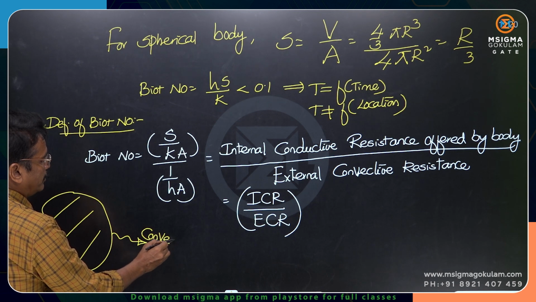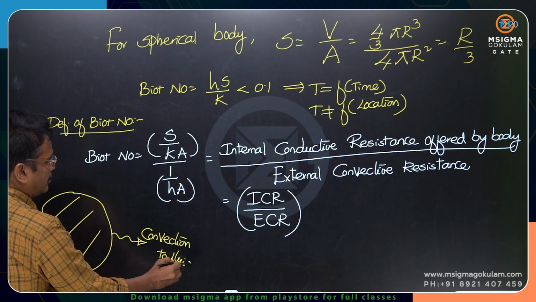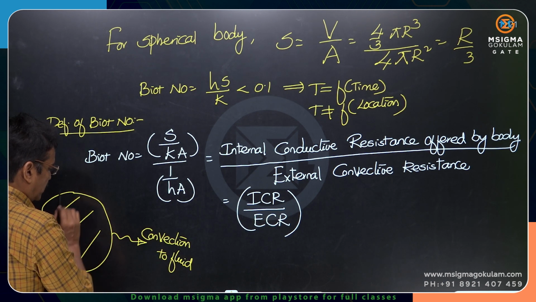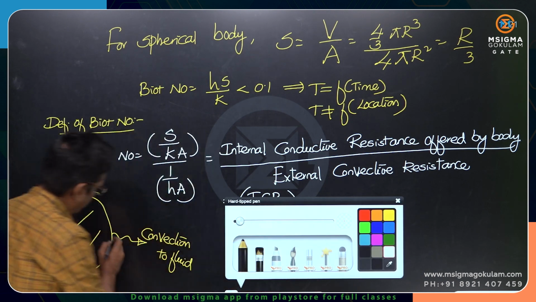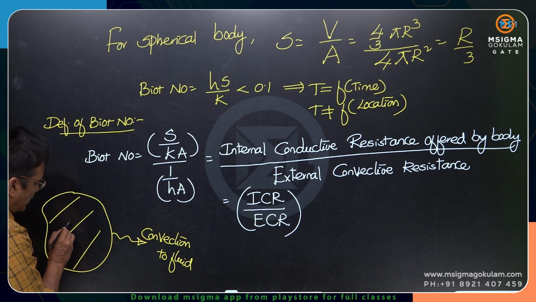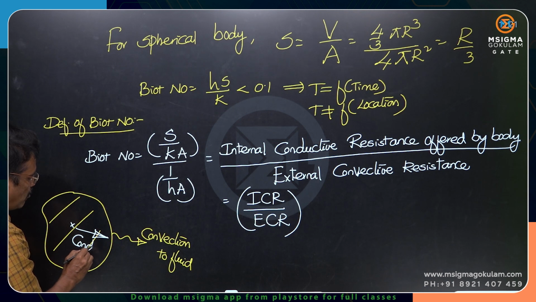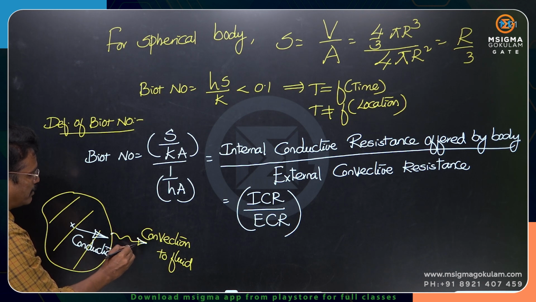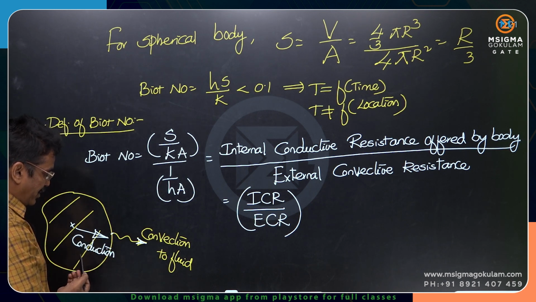From the surface, convection to the fluid is happening, which means the surface temperature of the body decreases. Immediately the body responds to this heat loss by supplying heat by conduction. What happens internally within the body is conduction, and what happens at the periphery is convection.